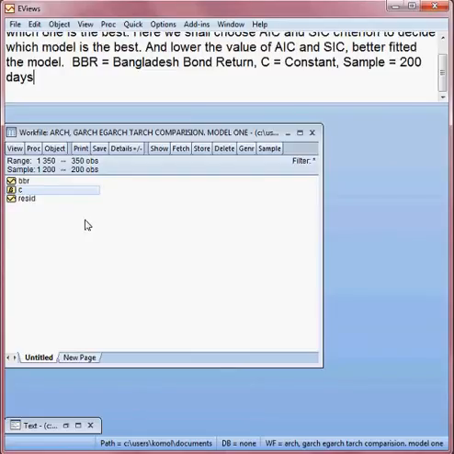Now first I run the model. So what is our model?